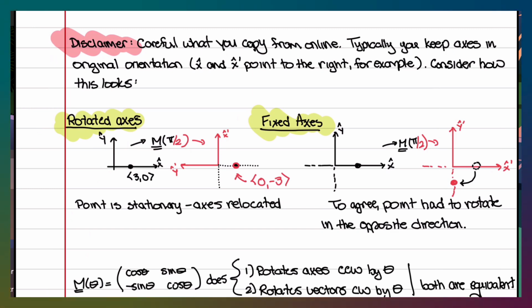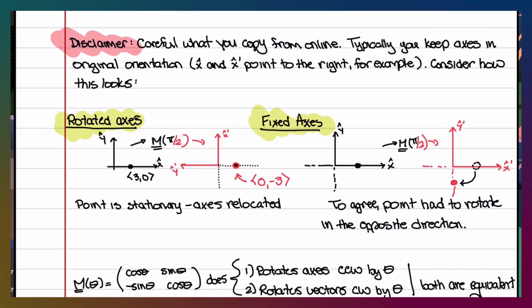So sometimes you'll see it drawn as fixed axes, where you have some axes, x and y, and then you want to do some sort of rotation, but you still want to write x going to the right and y going up, though some sort of transformation has occurred. So here we kept the point where it was and just rotated the axes. Then that point can be identified relative to the new axis directions.